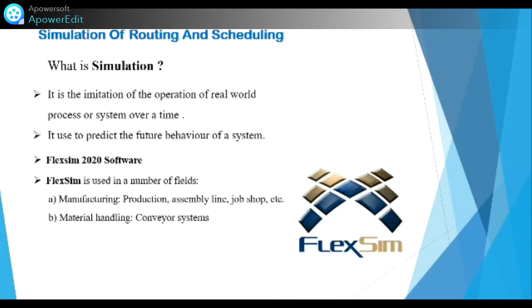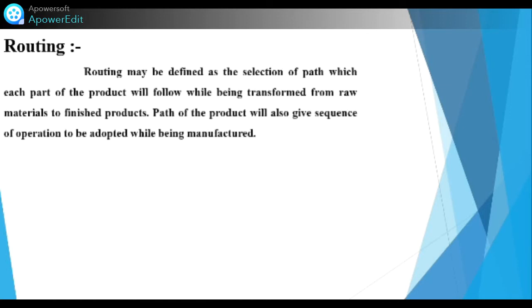Now next we will understand what is routing. Routing means the selection of the path which each part of the product will follow while being transformed from raw material to finished product. The path of the product will also give the sequence of operations to be adopted while being manufactured.